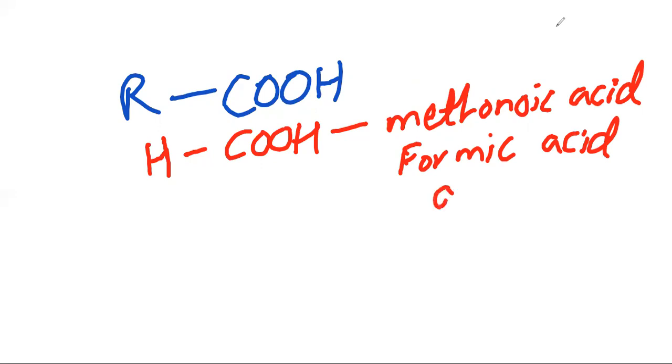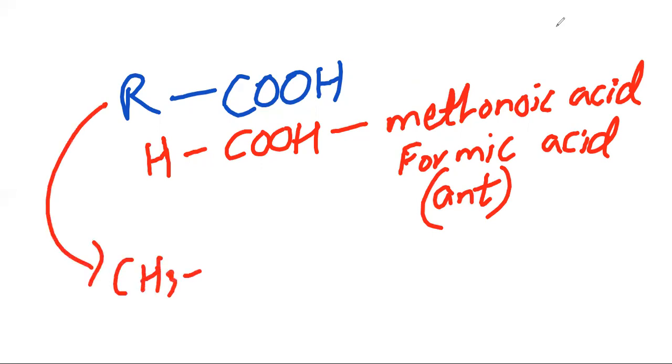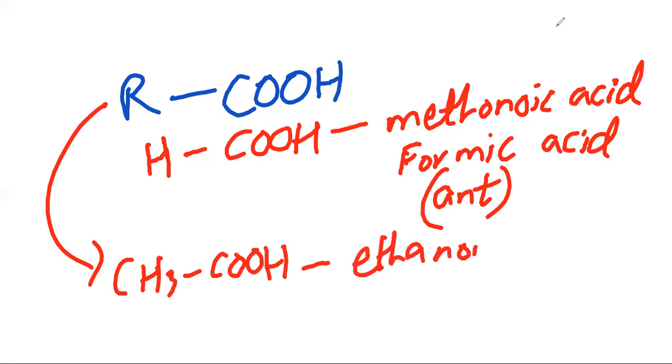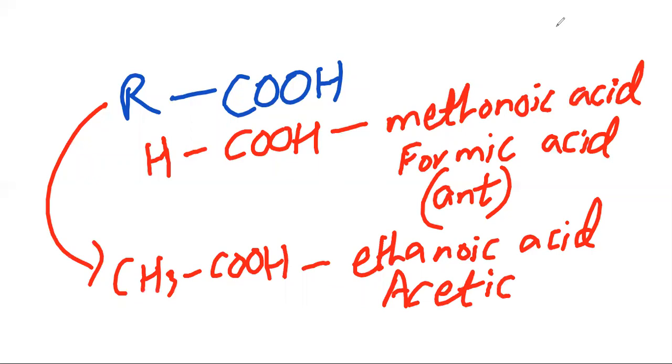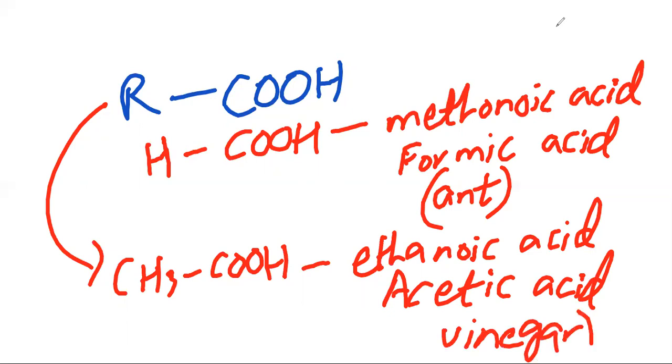Also known as ant acid. If I add CH3 in place of R, CH3COOH, the simple name is ethanoic acid. The other name is acetic acid, also known as vinegar. Okay, you have to remember this, vinegar. This is important for MCQs. Acetic acid is also known as vinegar.